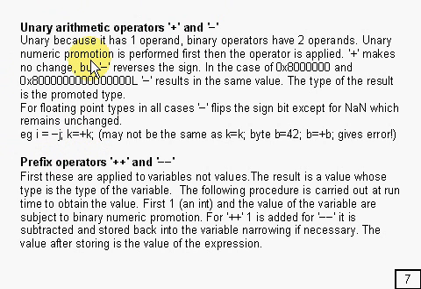Now, what happens is unary numeric promotion is performed first. Then the operator is applied, and plus in fact doesn't make any change at all, but minus obviously reverses the sign.